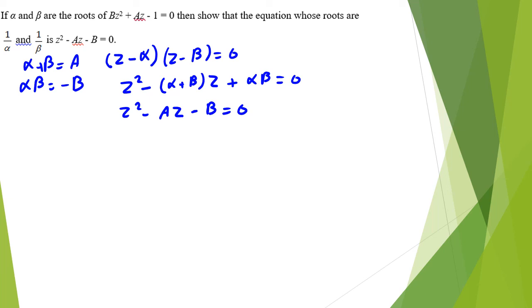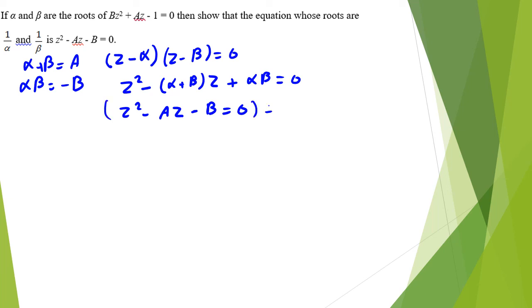Now this one here has bz squared, with b as the coefficient of z squared. This one doesn't. Okay, so to change it to that, I will divide everything by b. The reason is, well, this is -1. Can you see how the last constant is -1? This one is b in this case.